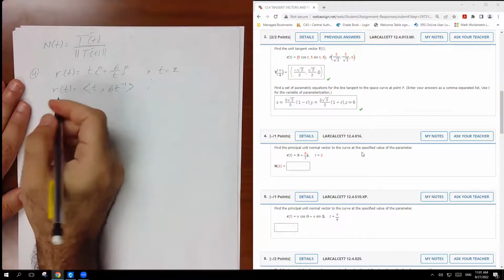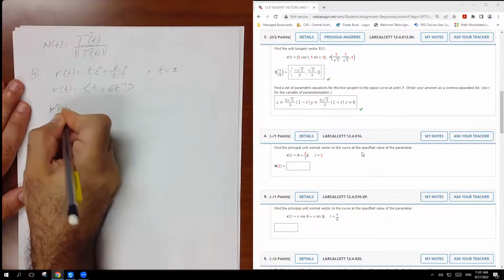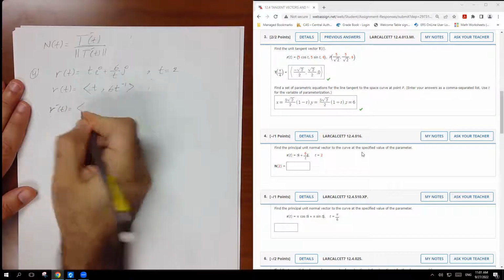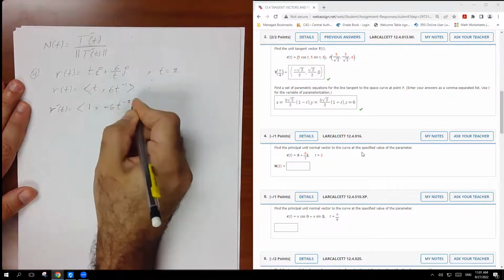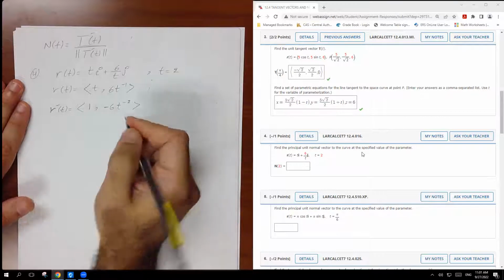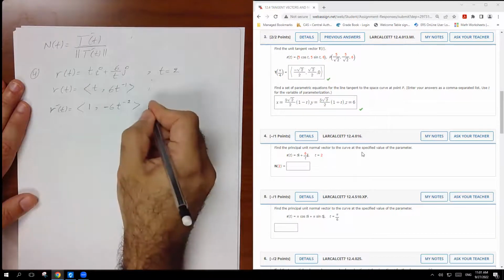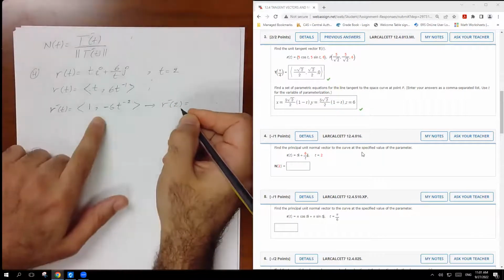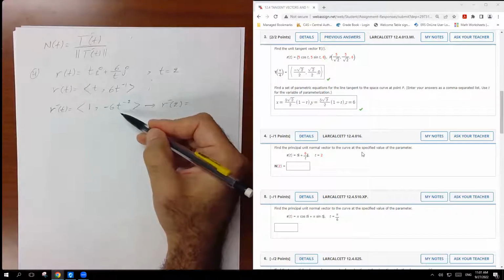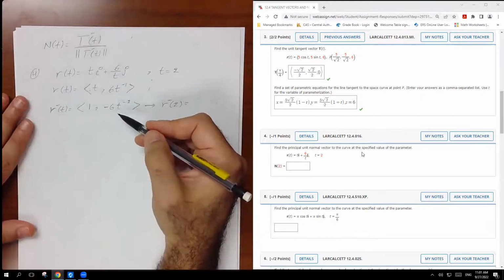The first thing is to find the derivative of r of t, which is 1 and negative 6 t to the negative 2, that means negative 6 over t squared. Then find r prime at 2, plugging in 2 right away: negative 6 over 4, which is negative 3 over 2. Let's keep it like this.